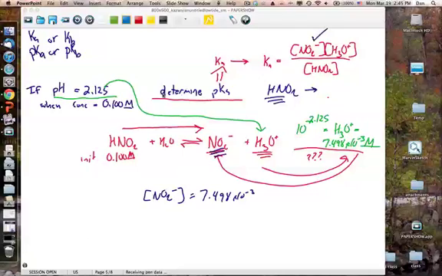That one's taken care of. And we even know that whatever has decomposed from the initial concentration will give us the HNO2 at equilibrium.